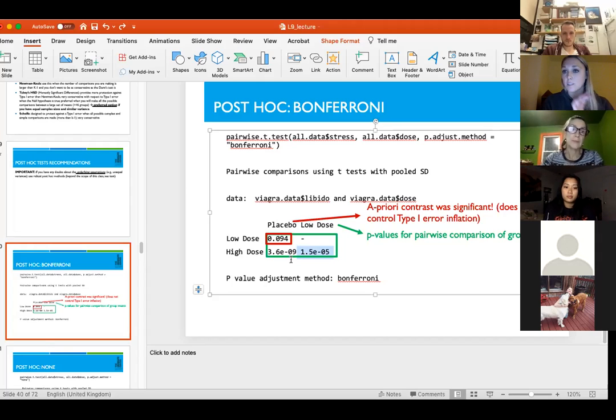Your primary analysis was an ANOVA. These are the follow-up tests. So whenever you're writing these up, you would say you had a significant F test, and put in all your F test statistics. Then your next sentence might be: we did a follow-up post hoc pairwise t-test, Bonferroni corrected, and found that high dose was significantly different than placebo and low dose, but low dose was not different than placebo.